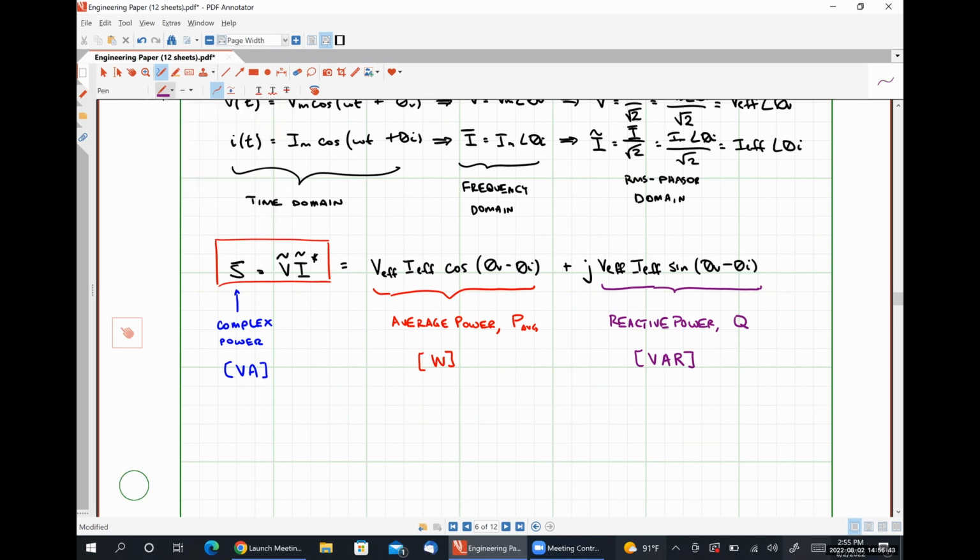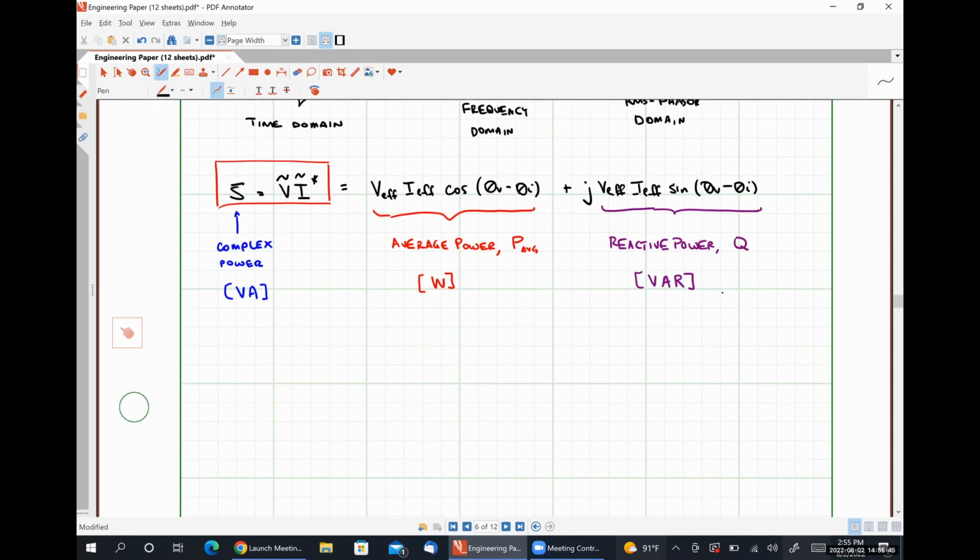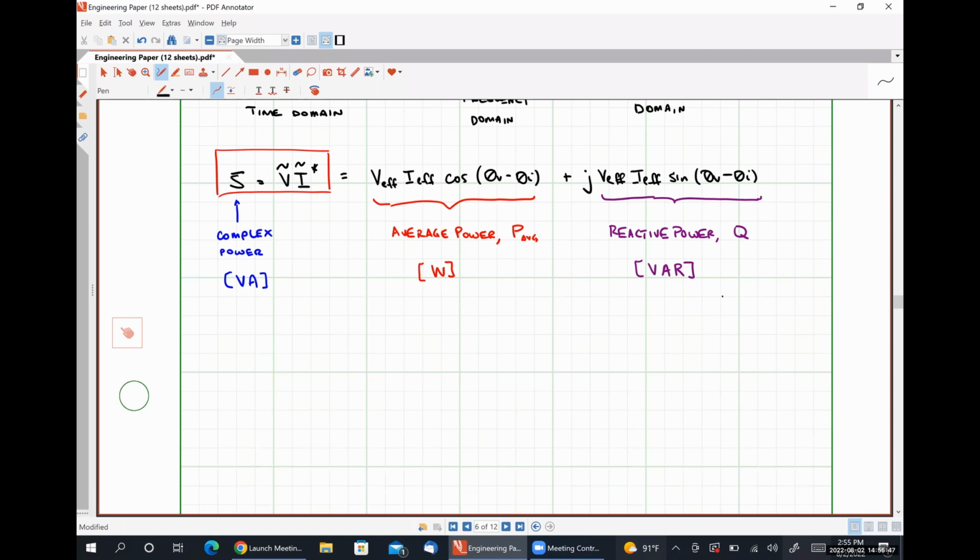We could also express the complex power in a polar form. I'll do that down here.